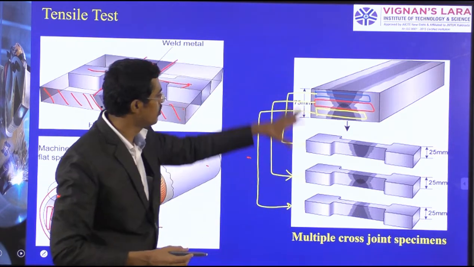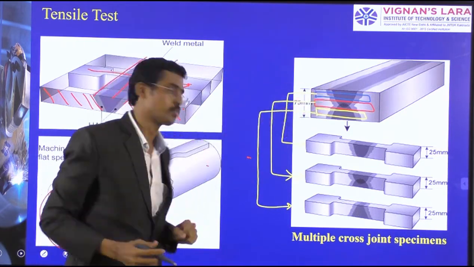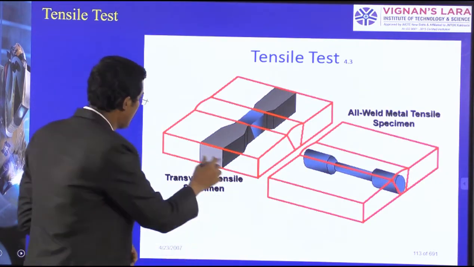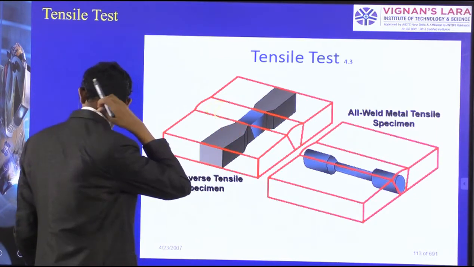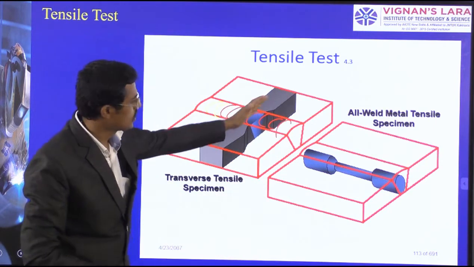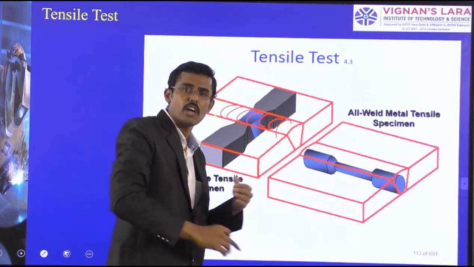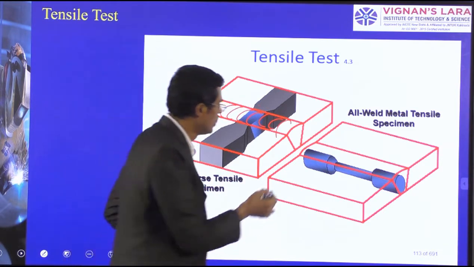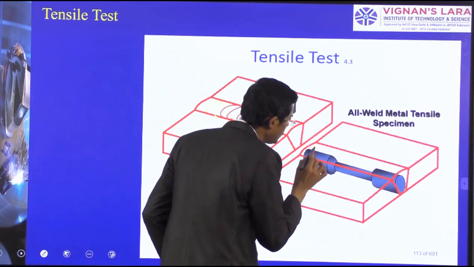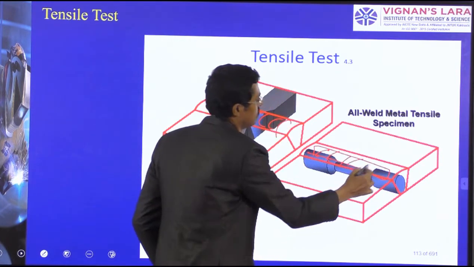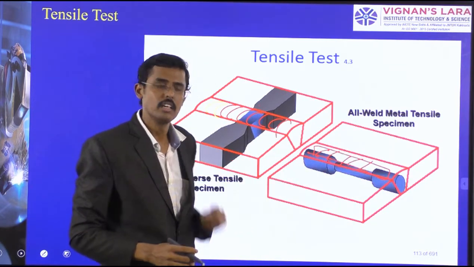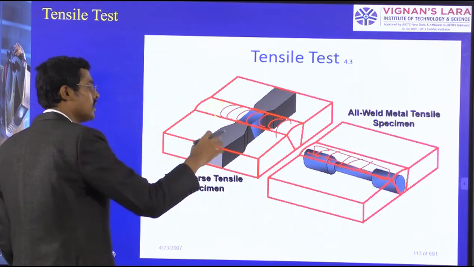Likewise we can create specimens for large thickness. This is for our identification that the weld has taken place here, and the cutting is perpendicular to the specimen. In the case of all-weld specimens, the entire specimen is taken from the all-weld zone. Here we have taken no base material at all. The all-weld specimen is taken for testing to get information about whether the weld quality is good.